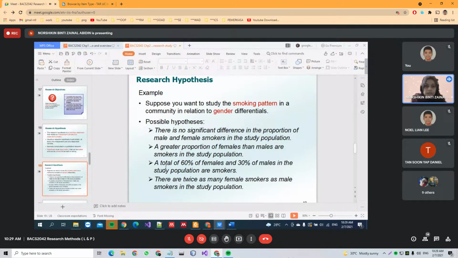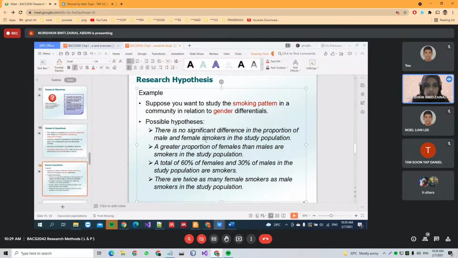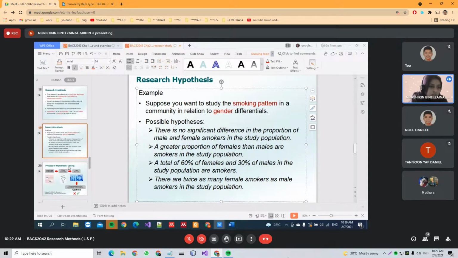Based on this problem, this is the possible hypothesis. I think you guys can read this letter because this is an example of your hypothesis. You can read it on your own.